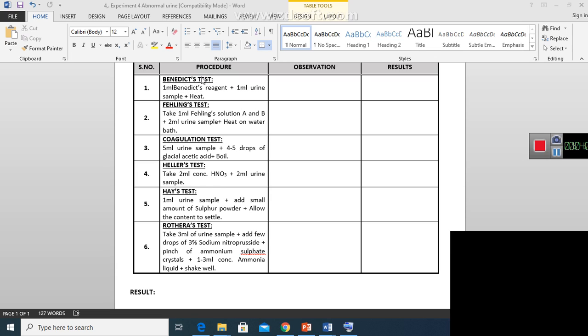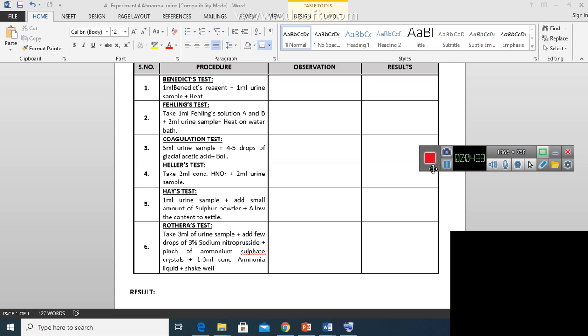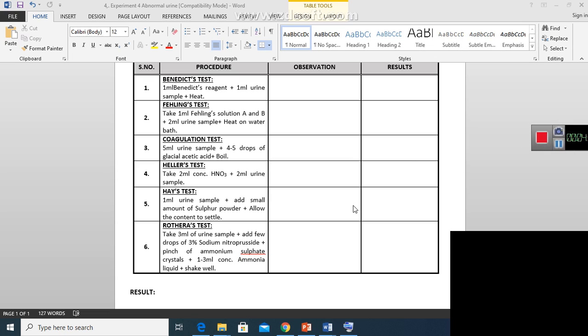If the name of the test has an apostrophe and S after the name, it means that this test is named after a scientist. So these are a few small things by which you can easily identify any test, either if it is named after a scientist, or named after the process that is going on during the test.